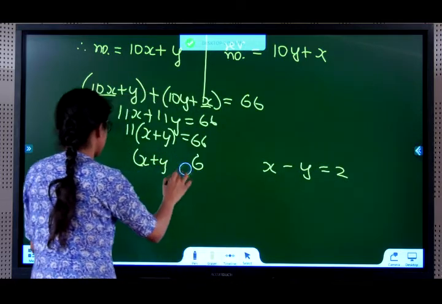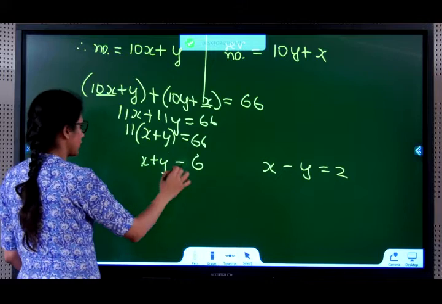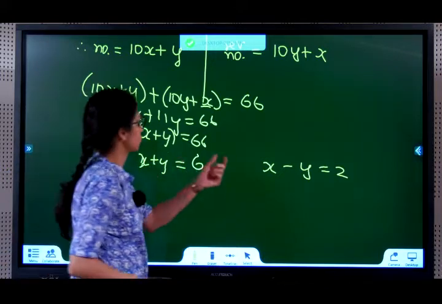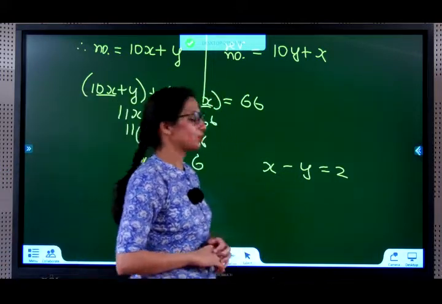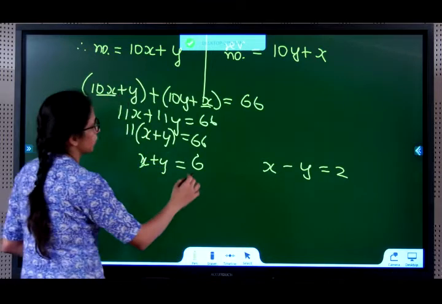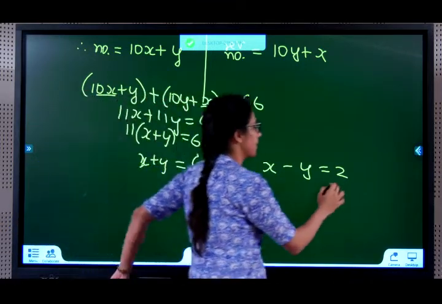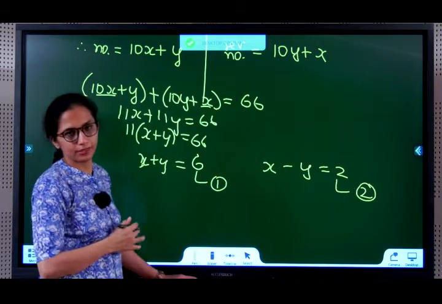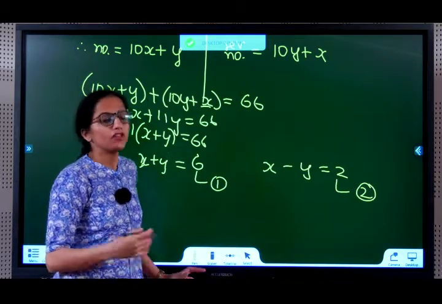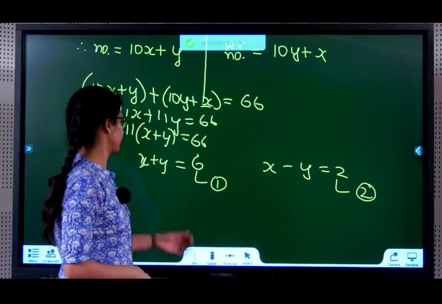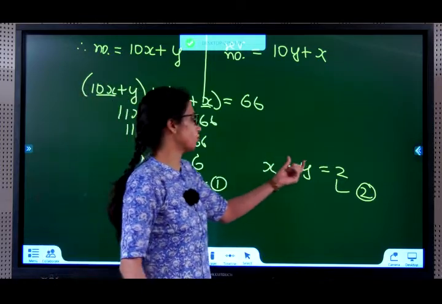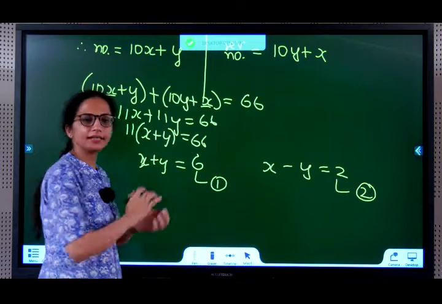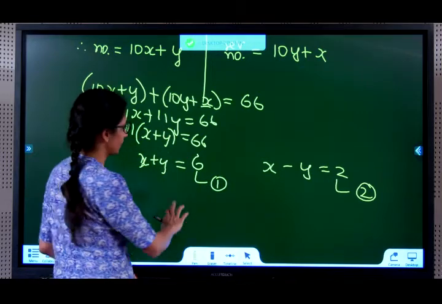As you can see here, the coefficient of x is the same, the coefficient of y is the same, so you can eliminate whichever you want. Now while choosing what to eliminate, try to avoid subtraction if you can. If you cannot, you have no choice, you have to go for subtraction. Since this is y and this is minus y, if I simply add these two equations, y will go away.